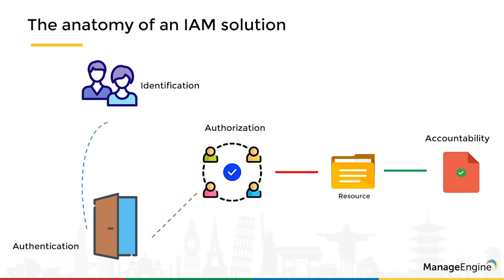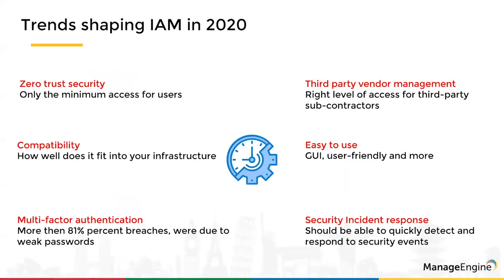Let's dive deep. I'm going to point you to some use cases as well. How is identity access management shaping in 2020? What was it in the past, like a year ago? Zero trust security: only the minimum access for users. Compatibility: how well does it fit into your infrastructure? Multi-factor authentication: more than 81% of breaches were due to weak passwords. Third-party vendor management: the right level of access for third-party subcontractors.